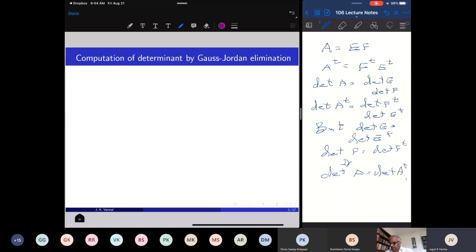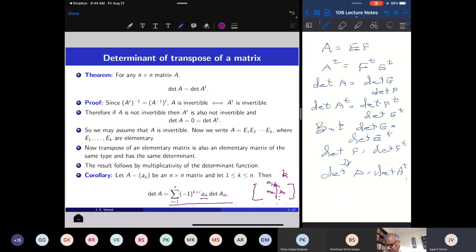All right. Now, if you look at these formulas, they are not efficient. To calculate the determinant of an n by n matrix, I must calculate n determinants of (n minus 1) by (n minus 1) matrices. And each such matrix has a determinant with (n minus 1) factorial terms.